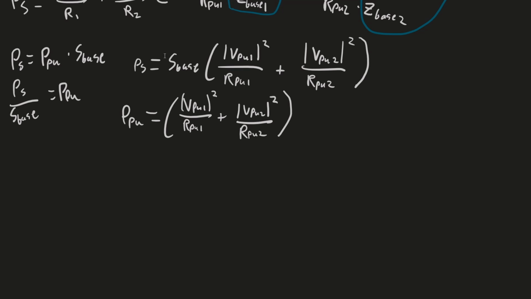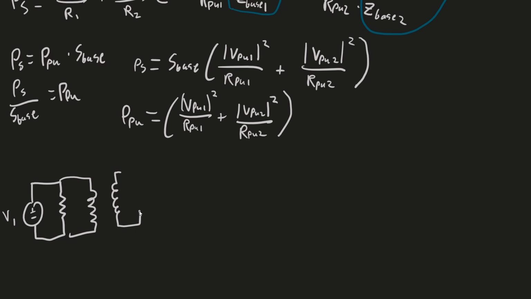Okay, so now let's look at this equation and think about it for a bit. Remember, our original circuit started out as we had some power supply that delivered power to a resistor and into a transformer, which was connected to the other side of the transformer with a resistor.